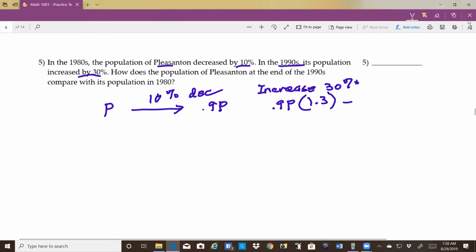You multiply that out and you get 1.17P. So it's 17% higher.